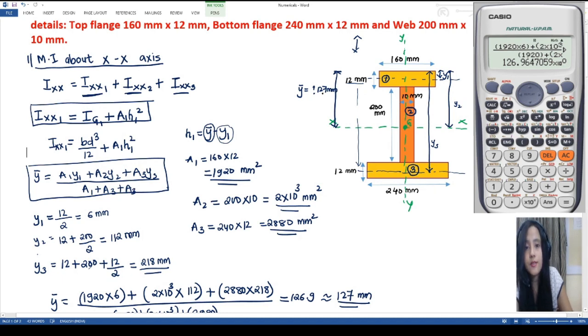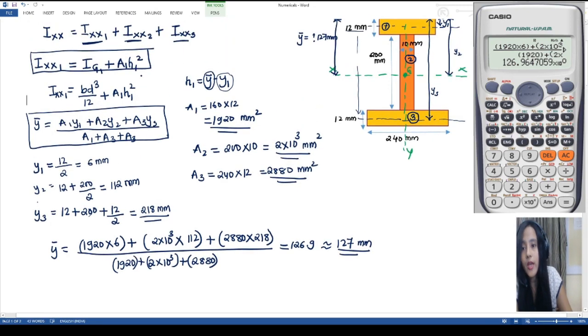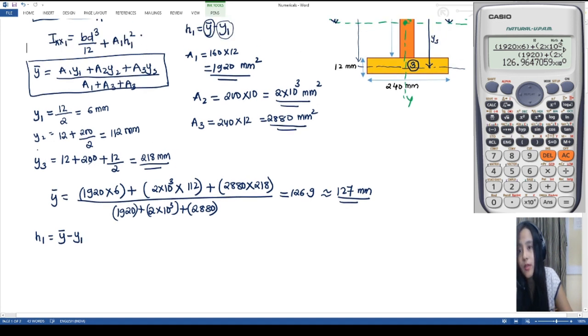Now let us find h1. Since we require h1 here, how much will our h1 be? h1 is equal to y bar minus y1. I'm going to directly put this in this formula.